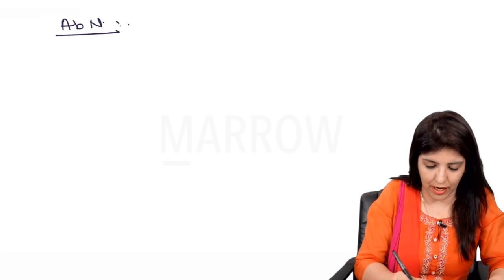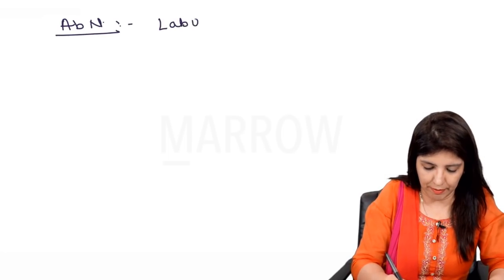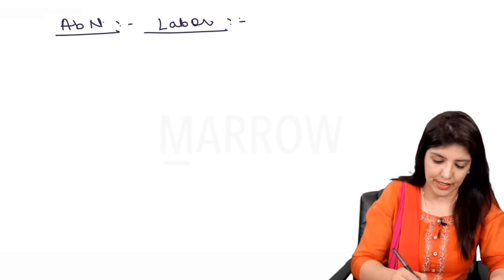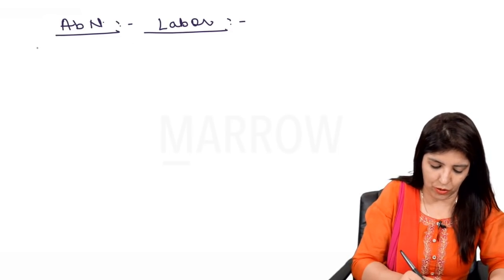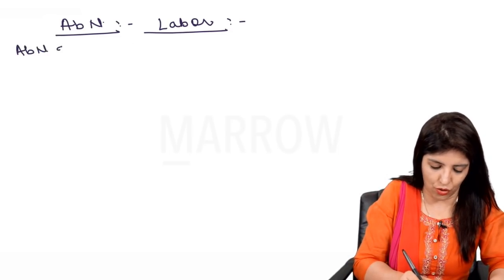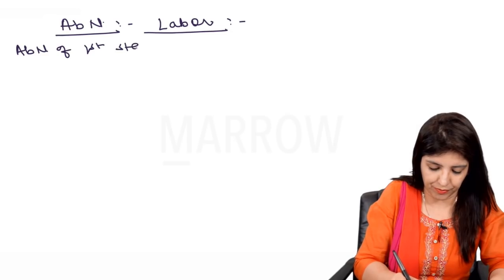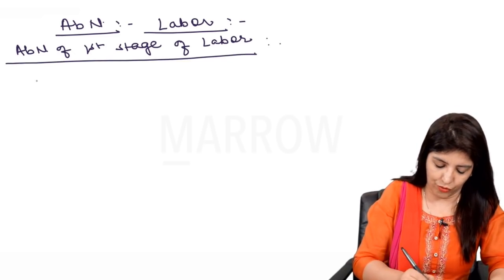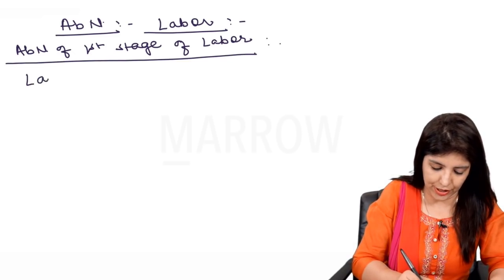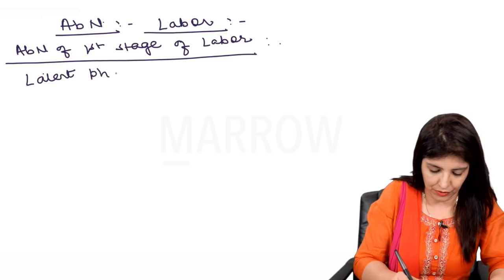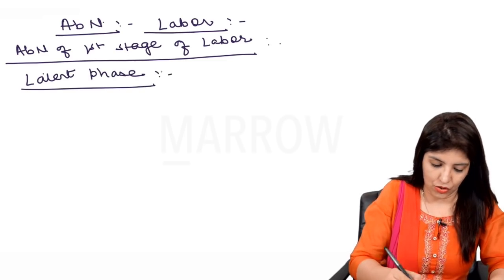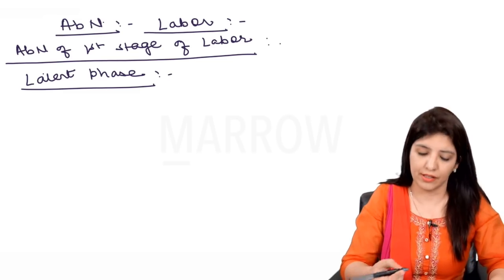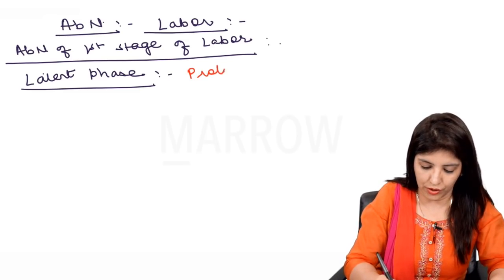So, what will be the abnormal labor? In abnormal labor, first we are going to talk about abnormalities of the first stage of labor. In the first stage of labor, first we are talking about the latent phase. The first problem which can happen is that the latent phase can be prolonged.